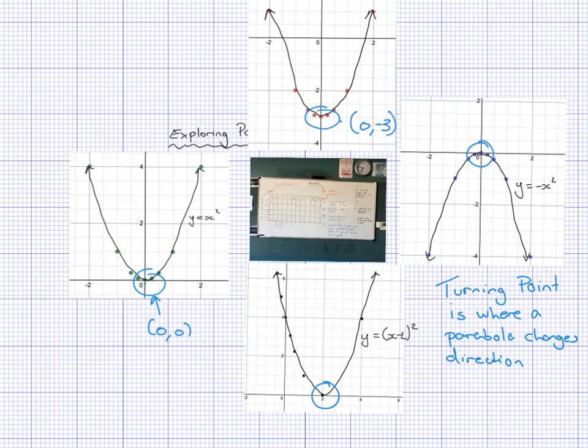The one on the right-hand side is still 0, 0 like the original one. And this one here at the bottom, its location is 2 on the x and 0 on the y. All right, so what you need to be able to do is look at a graph and tell me the location of the turning point. And you would label it like this, TP equals (2, 0), for example. All right, so that's the first key piece of information we're interested in.